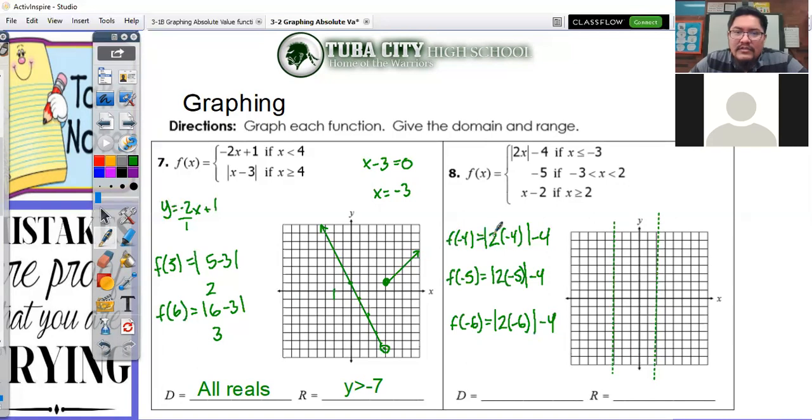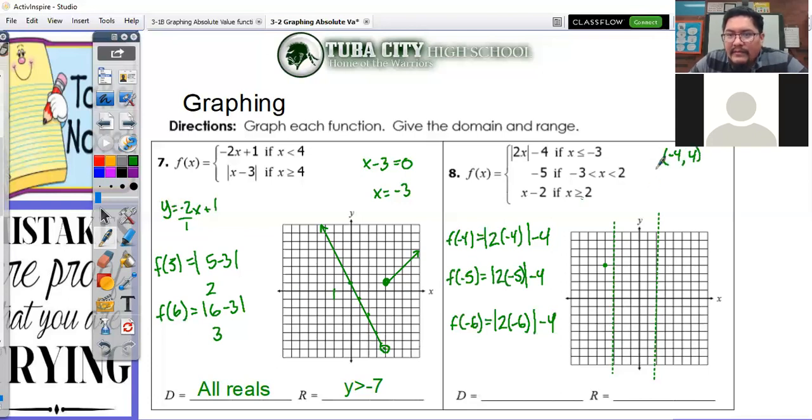All right, so 2 times -4 would be -8. Take the absolute value of -8, you get +8. 8 minus 4 is going to be 4. So -4, up 4. Okay, let me just put that right here. So -4, 4.